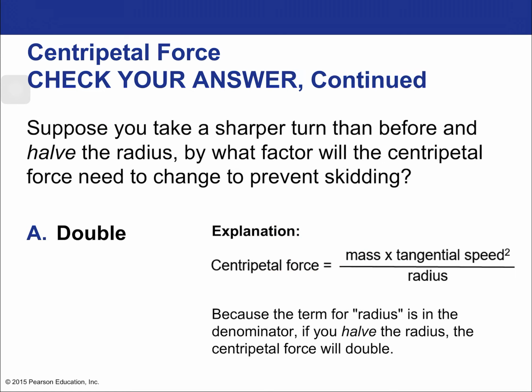Make sure you're confident though. In this case, it's double, because you now have an inverse relationship between centripetal force and radius. Okay, it's not like the radius is squared. So doubling the radius just means cutting the centripetal force in half, or cutting the radius in half means doubling the centripetal force. Okay?